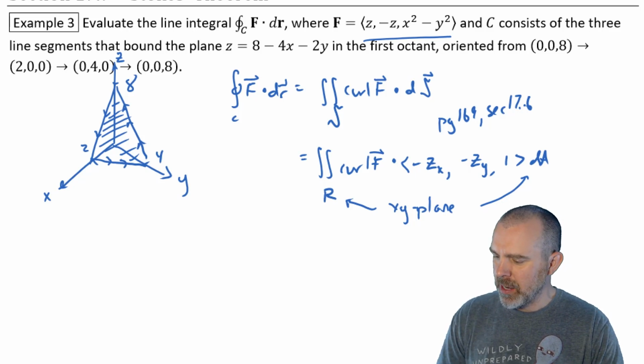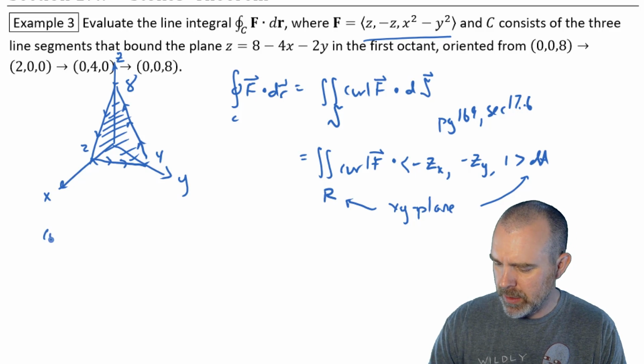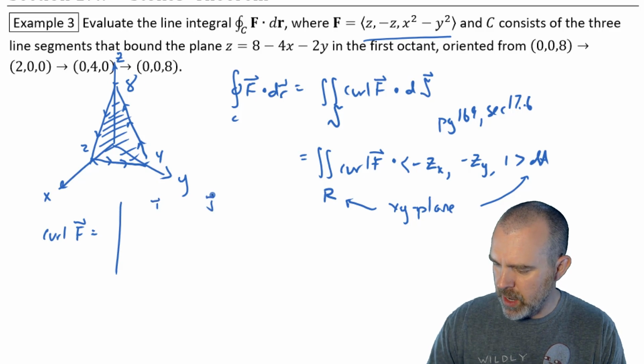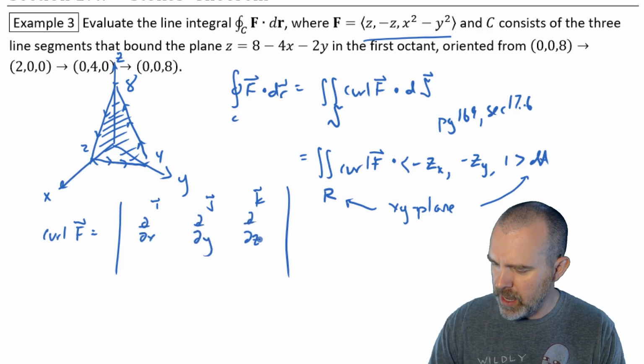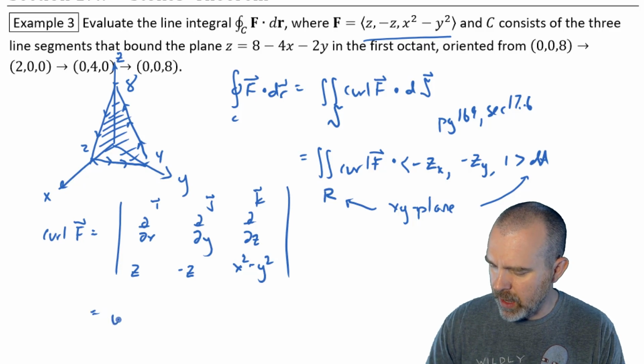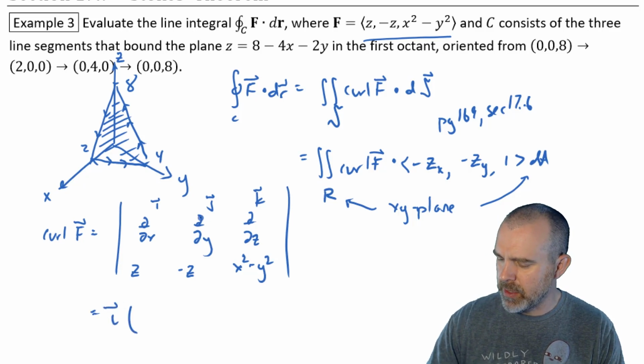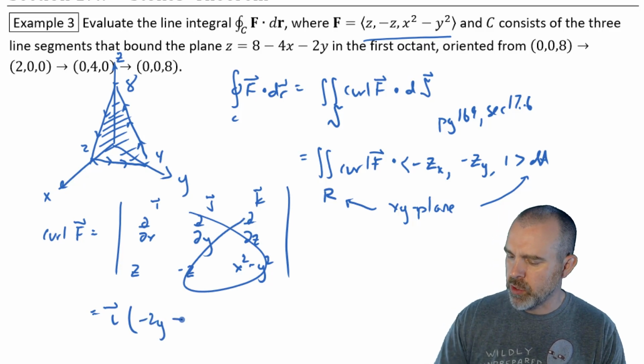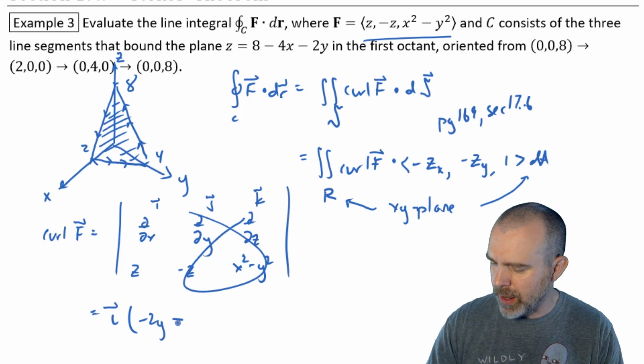Okay, we need to get that curl of F. That's the determinant of i, j, k; partial derivative with respect to x, y, z; and we have z, negative z, x squared minus y squared. So that's i times, partial derivative with respect to y, negative 2y, minus partial derivative with respect to z, which would be negative 1, so that ends up being plus 1.